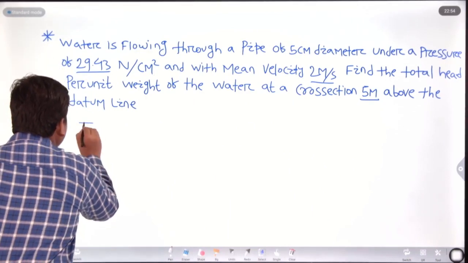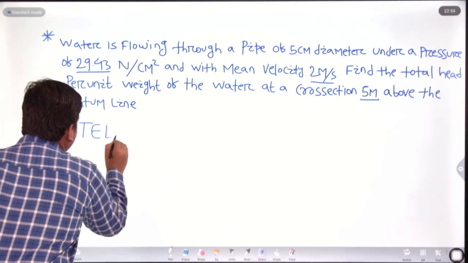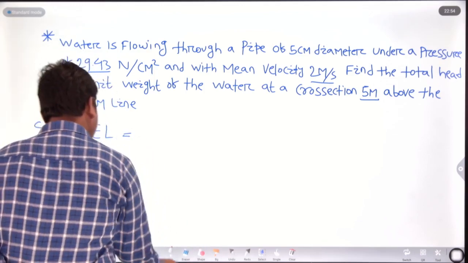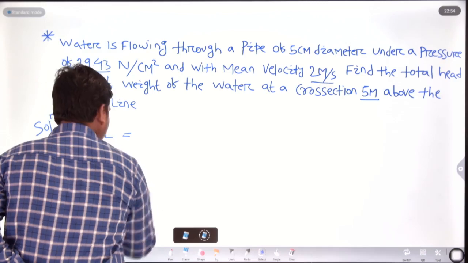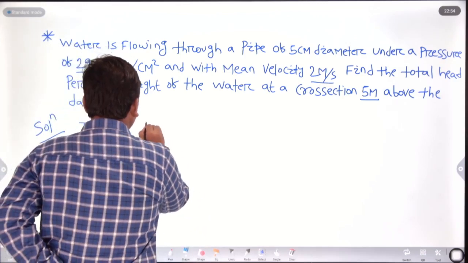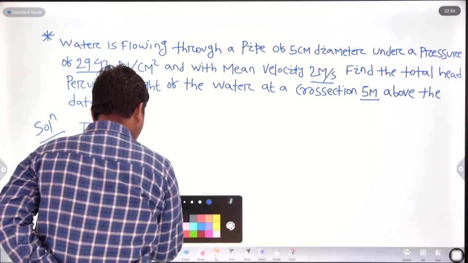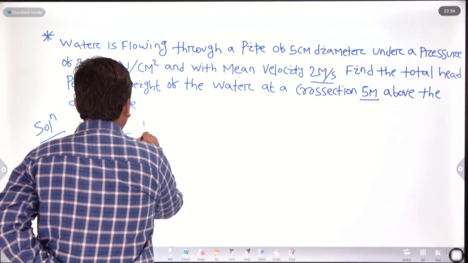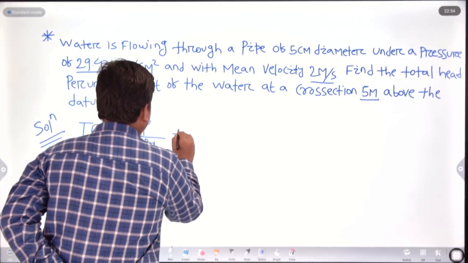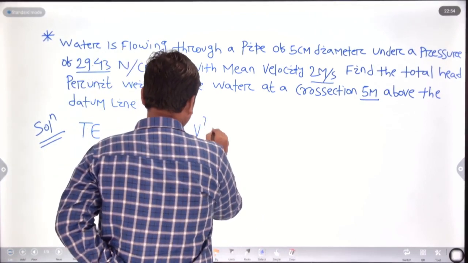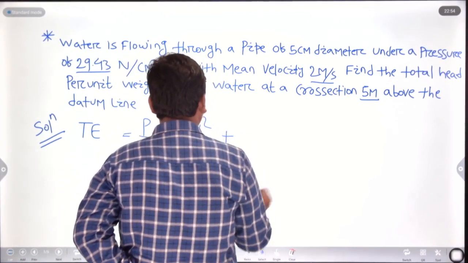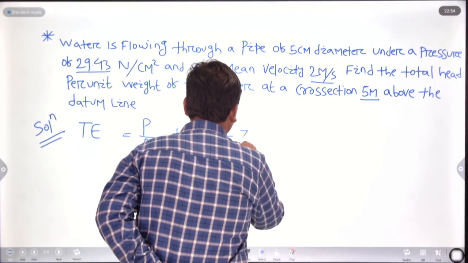Total energy equals the sum of pressure energy plus kinetic energy plus potential energy.